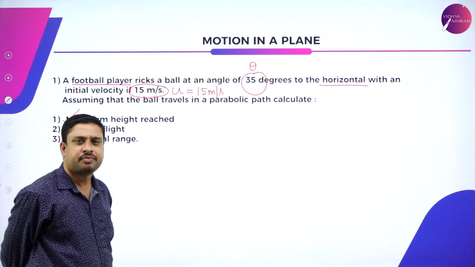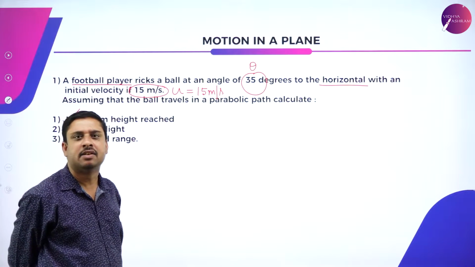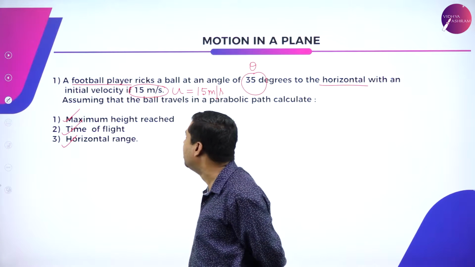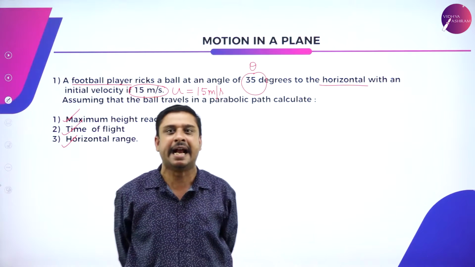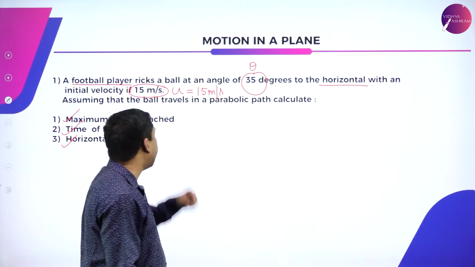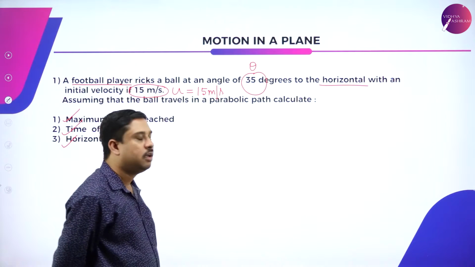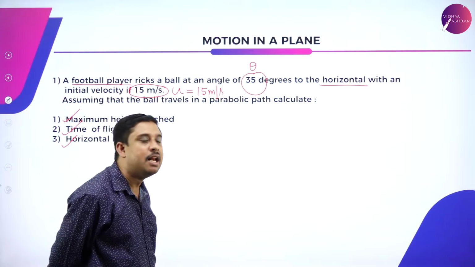So given theta to be 35 degrees, velocity of projection to be 15 meter per second, I am calculating maximum height reached, time of flight, and horizontal range.